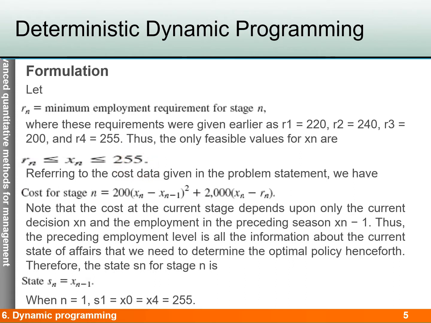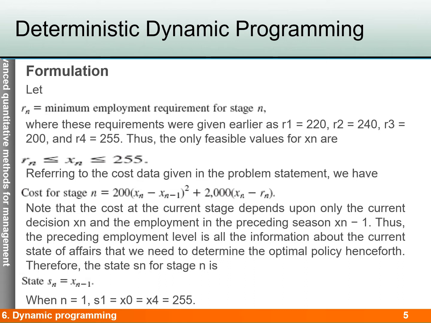So as you see here, for example, for a season like winter, that is 200, this Xn may vary between 200 and 255. So there are many different numbers for the number of employees, but we know one of them gives us this cost as a minimum amount.